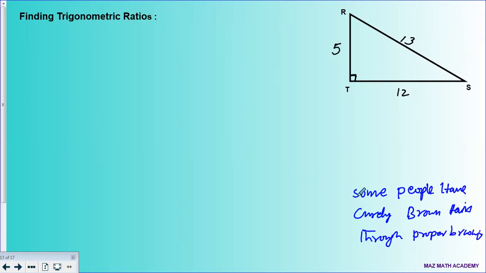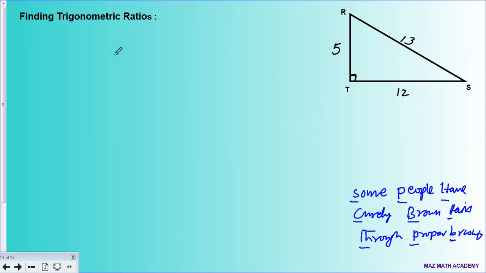S stands for sine, P stands for perpendicular. Remember, the opposite side is also called perpendicular, and H is for hypotenuse. So sin is P over H, and cos, or cosine, will be equal to base divided by hypotenuse. Remember, the adjacent side is also called base. Through proper brushing: T for tangent, P for the perpendicular side, and B for base.